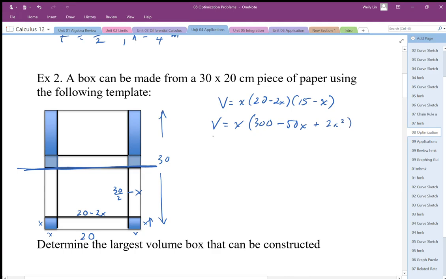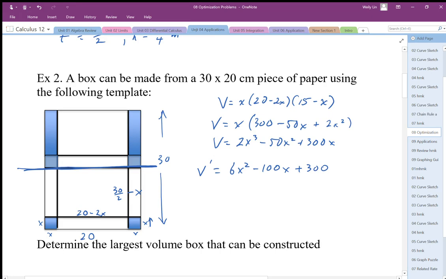The volume is equal to 2x cubed minus 50x squared plus 300x. So I want to find the derivative: 6x squared minus 100x plus 300.